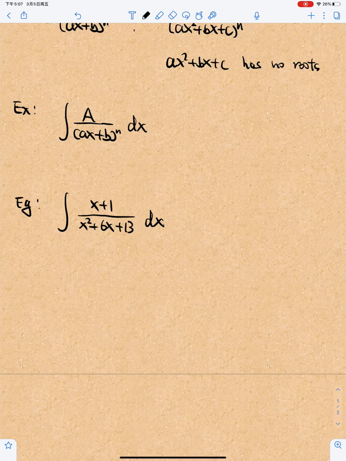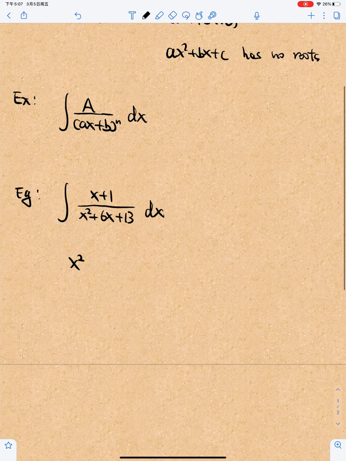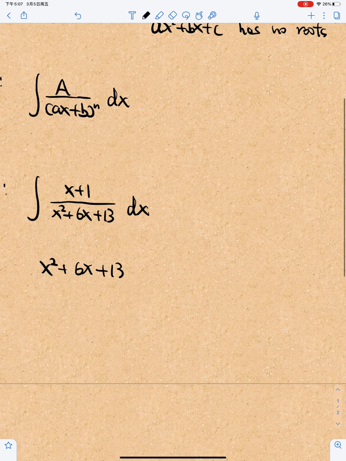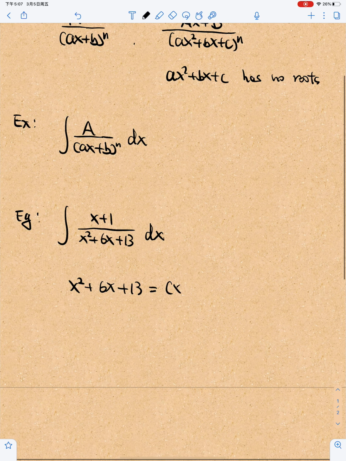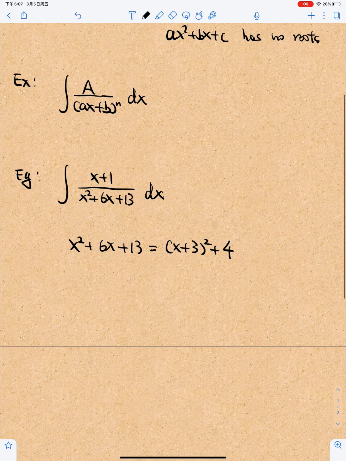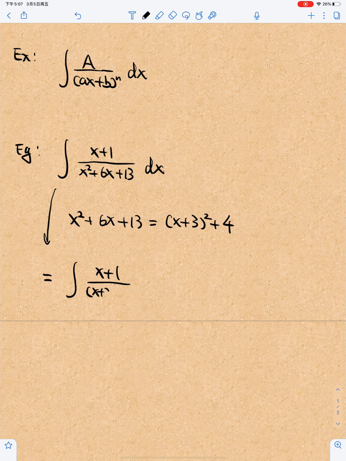We have x squared plus 6x plus 13, which is equal to (x plus 3) squared plus 4. Now the original integral becomes the integral of (x plus 1) over ((x plus 3) squared plus 4) dx.